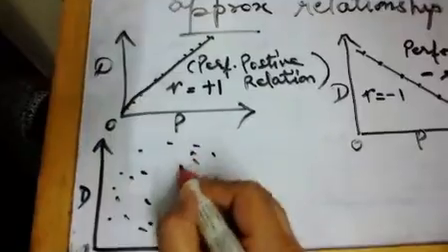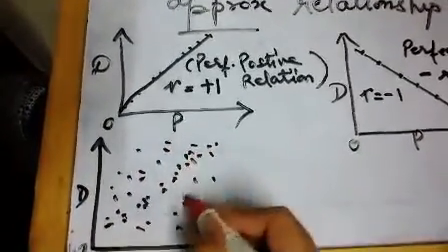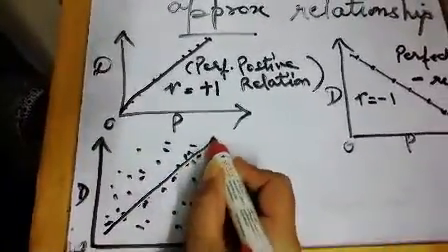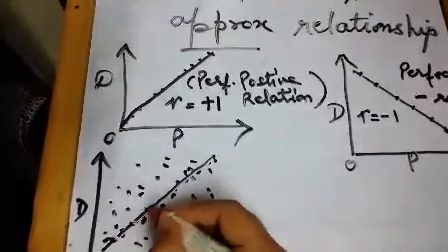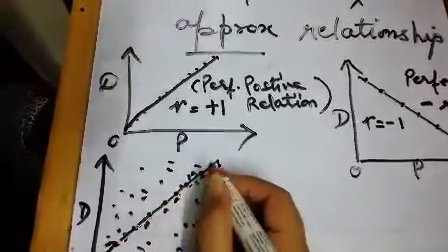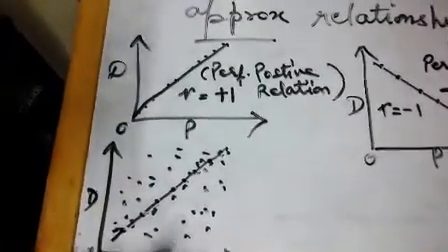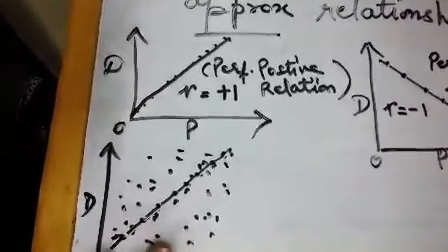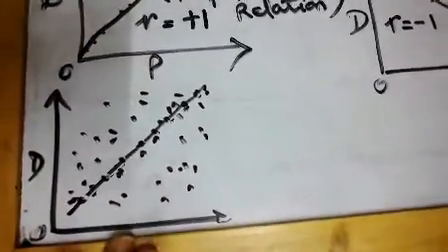These are the scattered points. We also obtain a straight line when we join a number of points, but the remaining points lie on either side of this line.